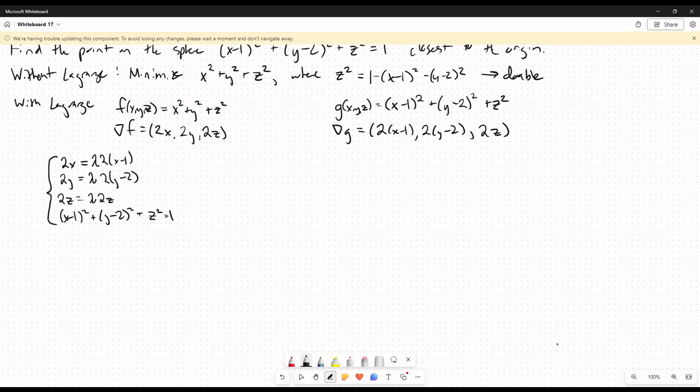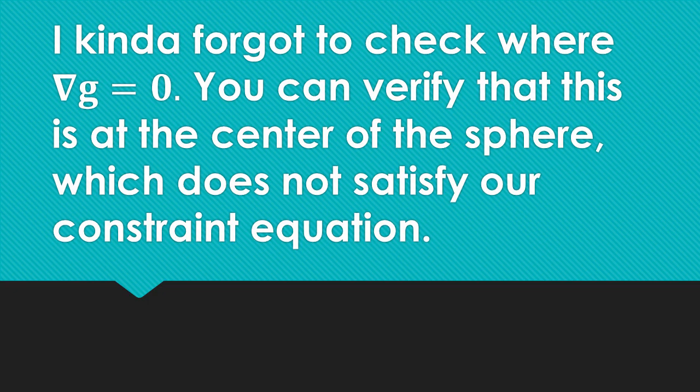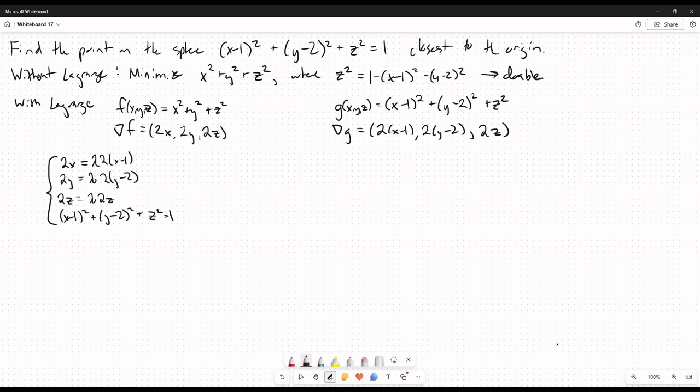Now, this system of equations is not terribly easy to solve, but let's go ahead and see what we can do. First, this last equation is a little interesting, because if z doesn't equal 0, then lambda has to equal 1, because then I could divide both sides by 2z.